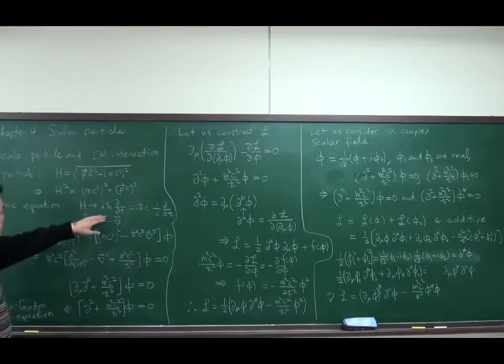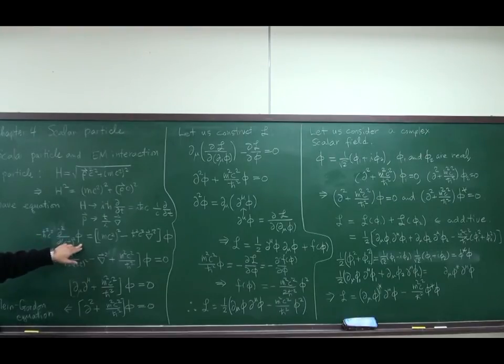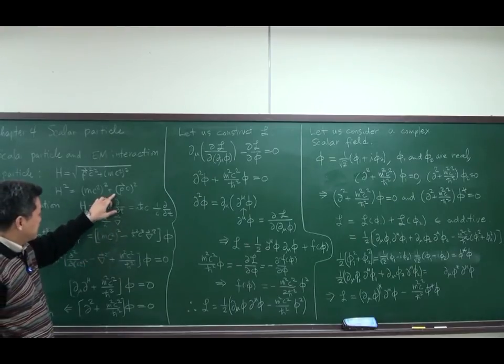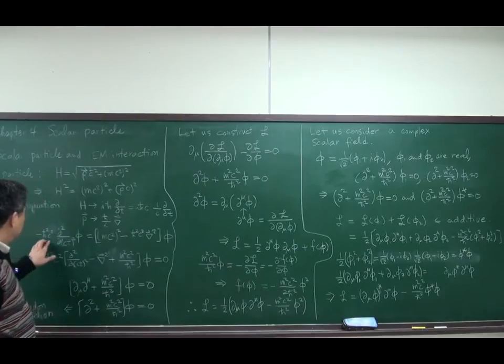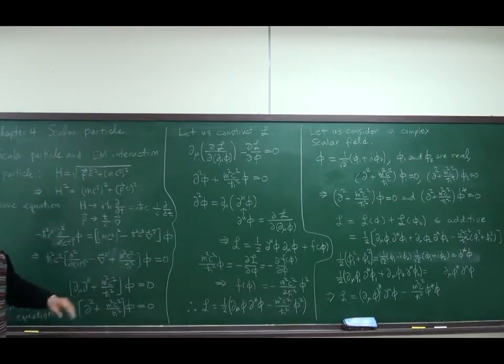So if we square this, we have minus h bar squared c squared and double time derivative of the scalar wave function, and the mass term is here, and momentum is replaced with h bar squared c squared. We find we have common factor h bar squared c squared.